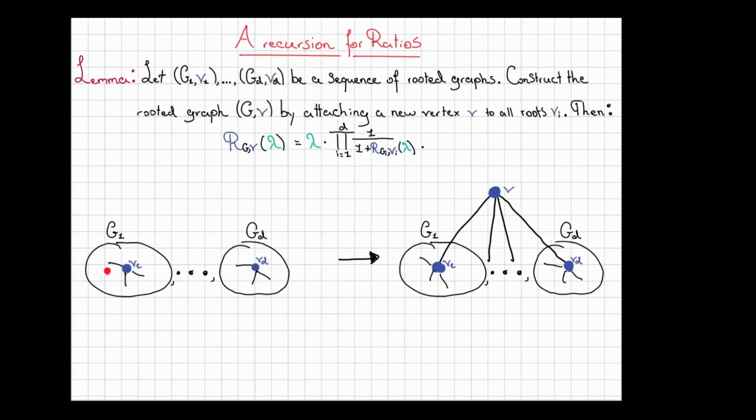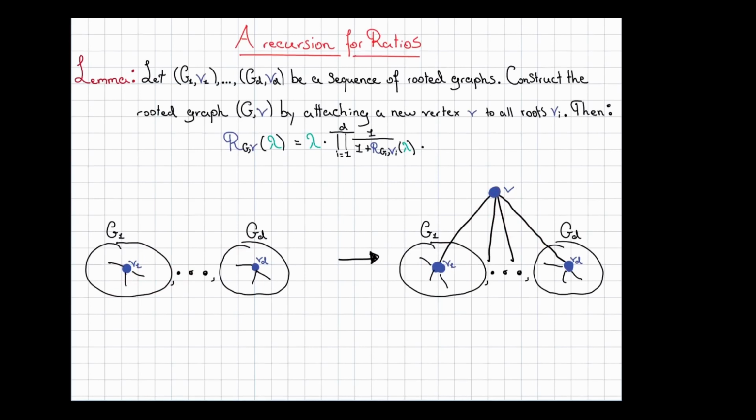If I have a collection of rooted graphs, and a rooted graph again just means a graph with some particular vertex chosen as its root, I construct a new graph where I've made a new vertex and added an edge to all these roots of these graphs.